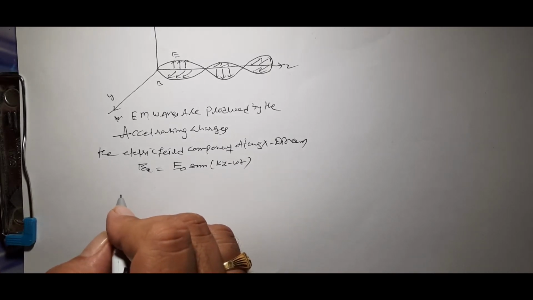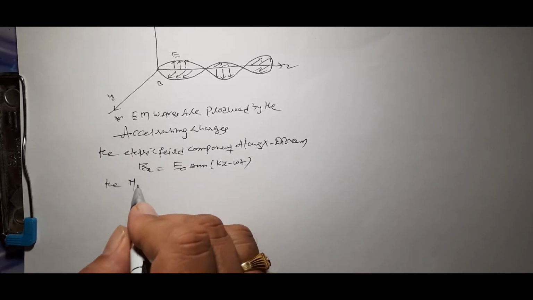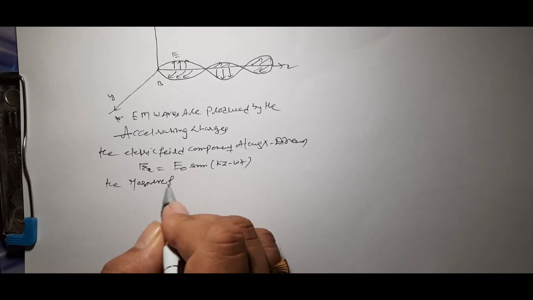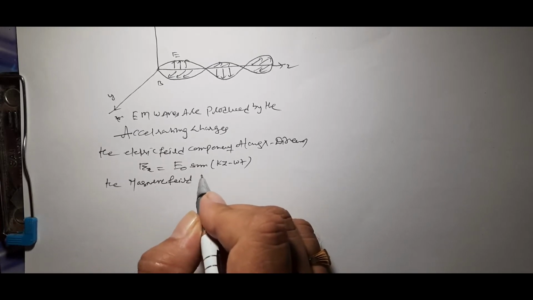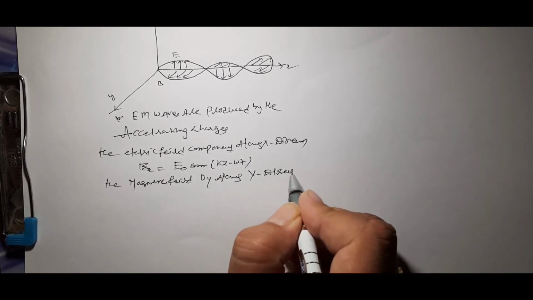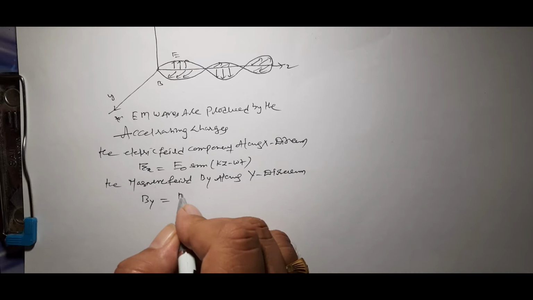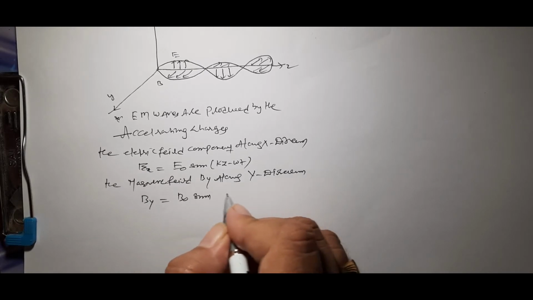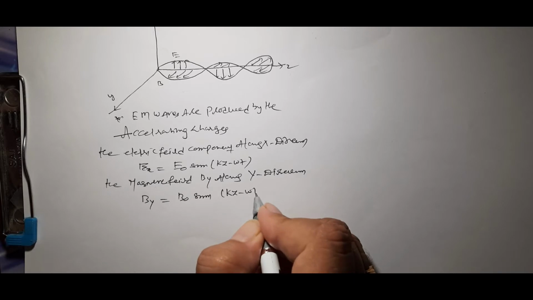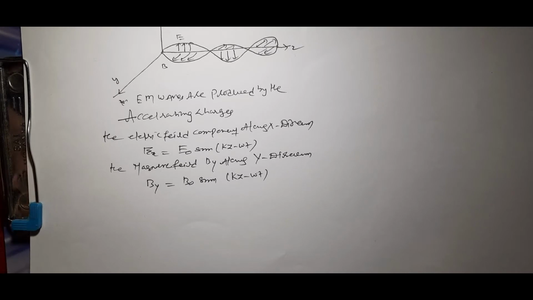Similarly, the magnetic field along the y direction is indicated by By is equal to B naught sin(kz minus omega t). So these are the equations representing the electric field and magnetic field along x and y directions.